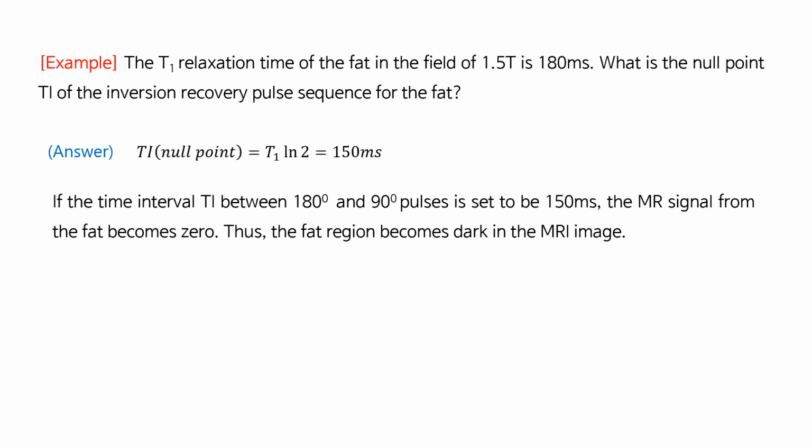Next example. The T1 relaxation time of fat in the field of 1.5 Tesla is 180 milliseconds. What is the null point Ti of the inversion recovery pulse sequence for the fat? So we can easily calculate. We know T1 is 180 milliseconds.